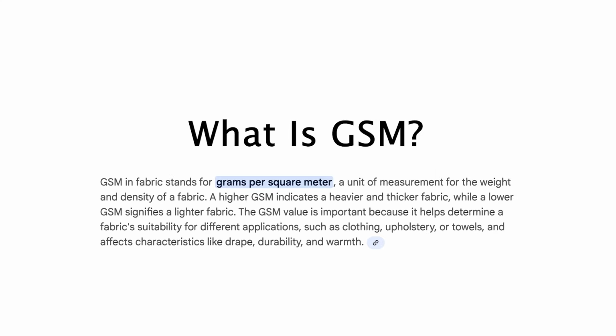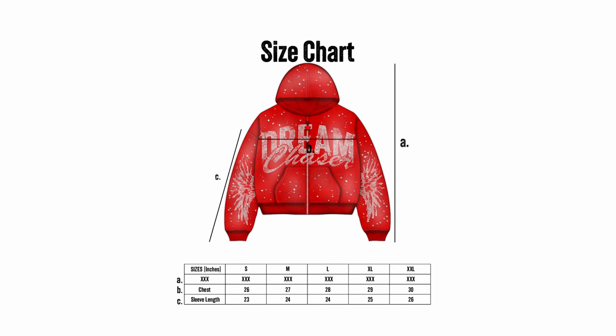You should also know what GSM you want your clothing. So once again, an example for a hoodie, if you have a higher GSM, it's going to be a heavier hoodie, right? And the GSM refers to the weight and density of the fabric of whatever clothing or apparel that you are getting made.